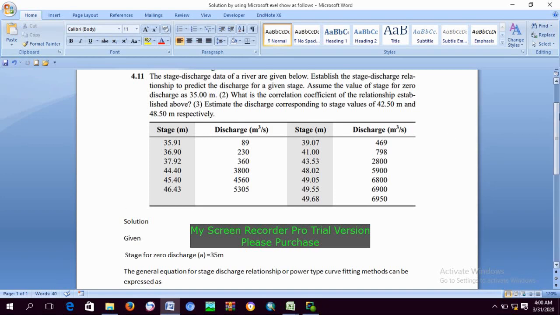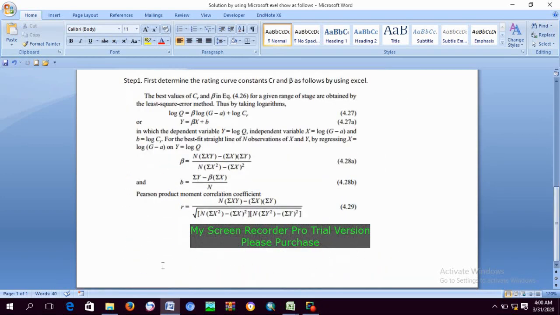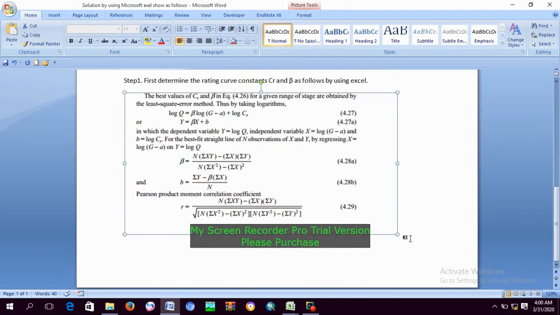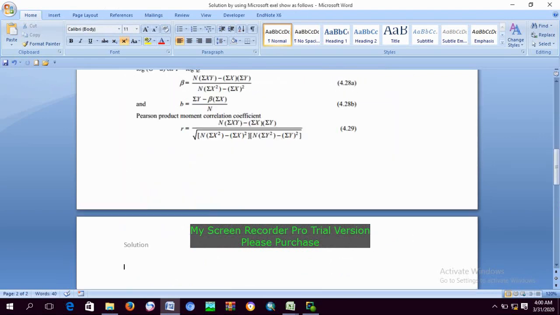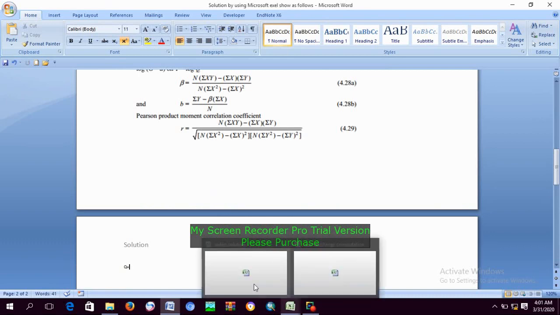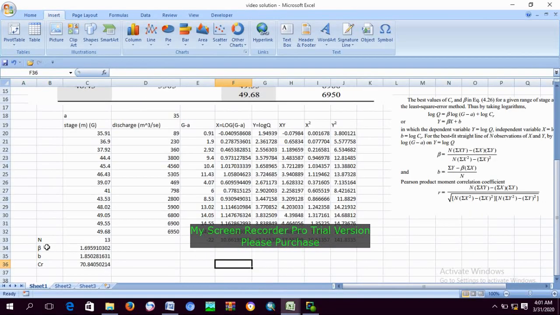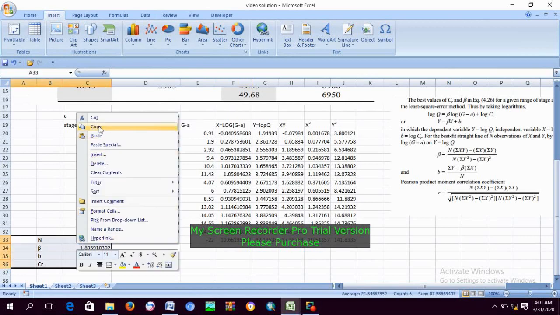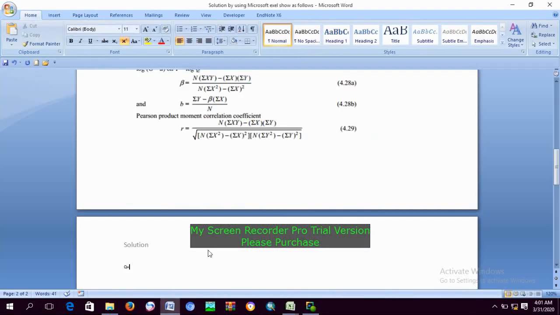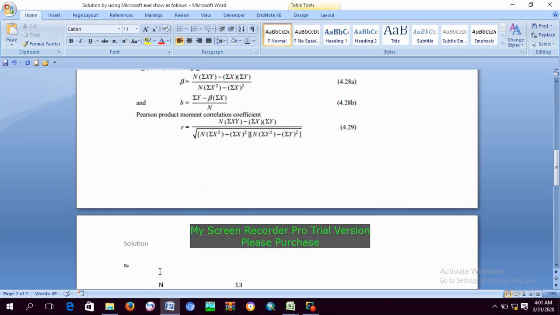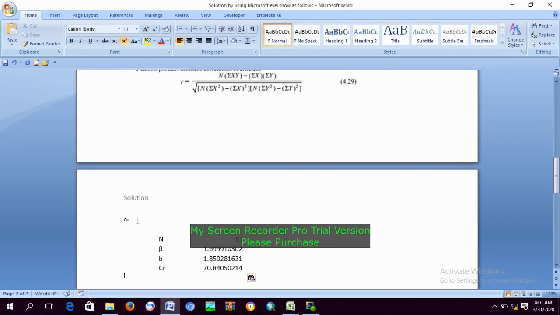This relationship is equal to Q. Q is equal to c, which we can copy from Excel and paste in this Word. Okay, this value.